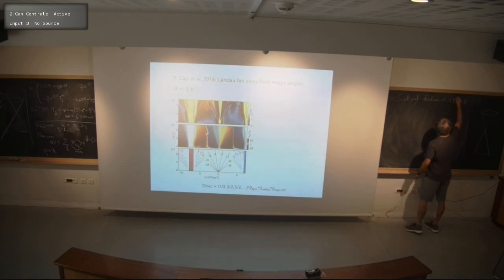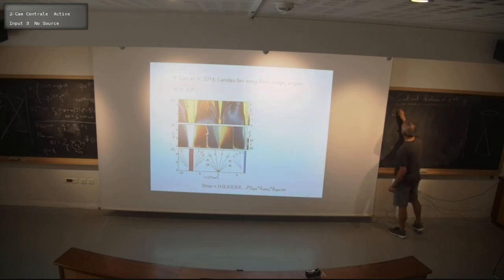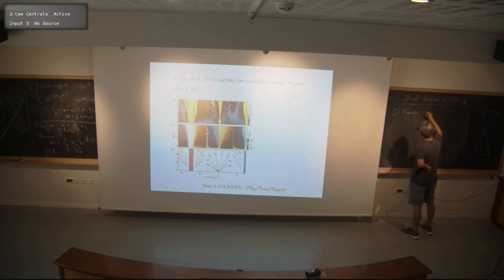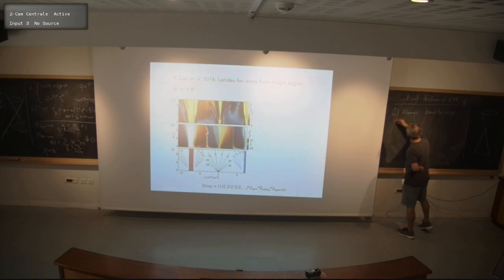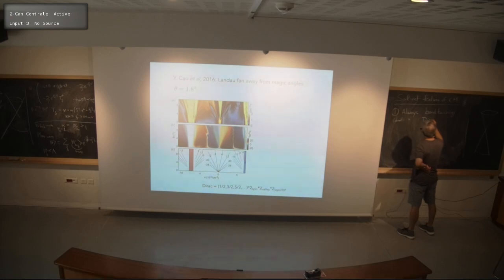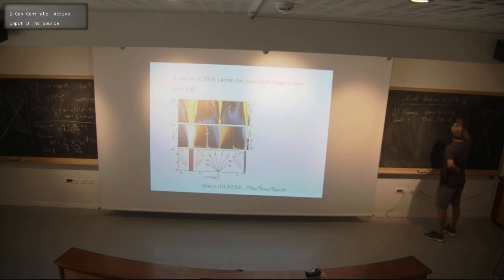So what are the salient features of the continuum model? I would say the first obvious feature of the continuum model is there are always band touchings, basically, and almost always Dirac points at K Moire and K prime Moire.